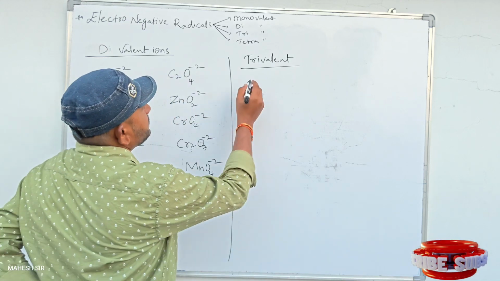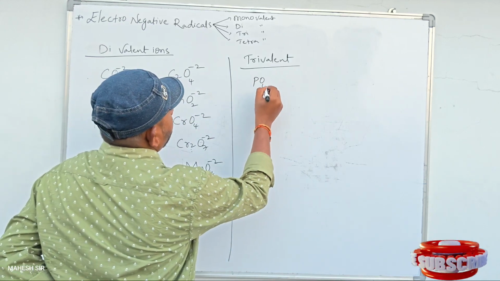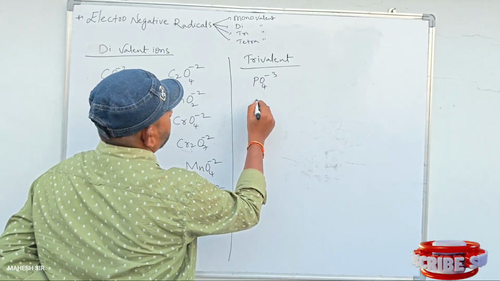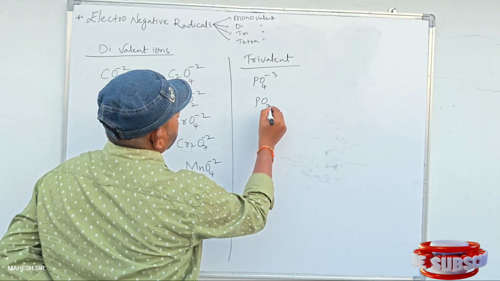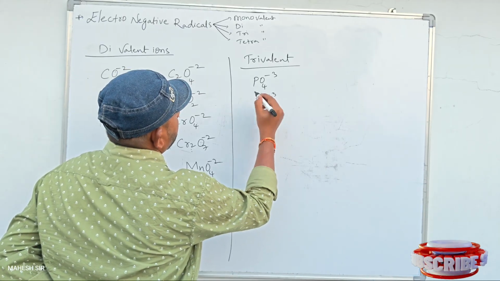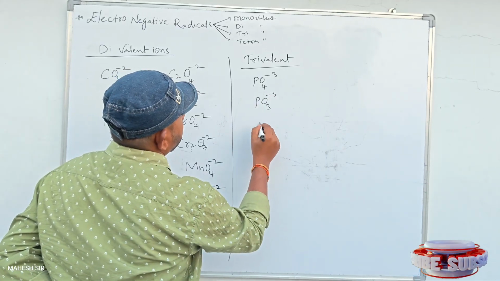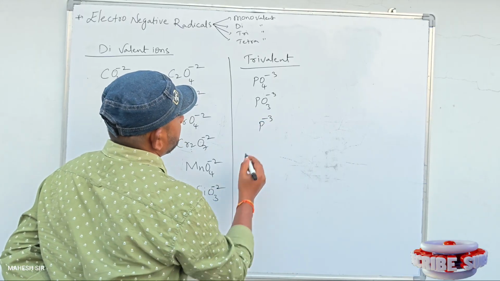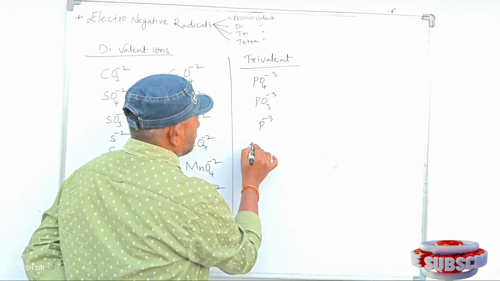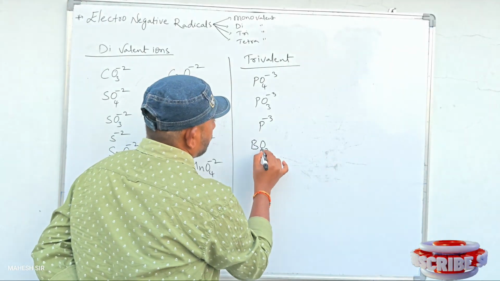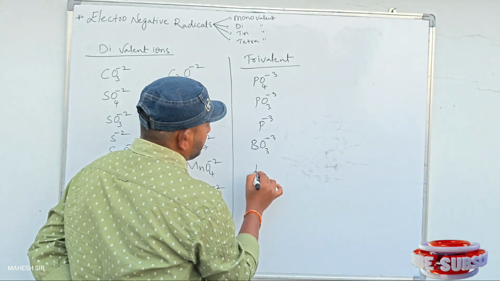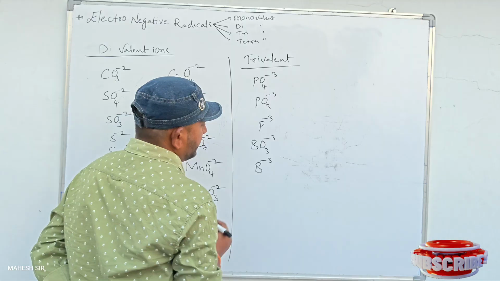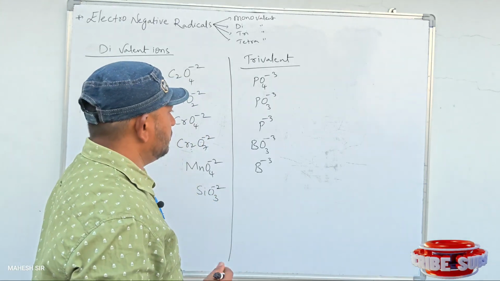Trivalent: PO4 minus 3, phosphate, PO3 minus 3, phosphite, P minus 3, phosphide. BO3 minus 3, borate, boride.